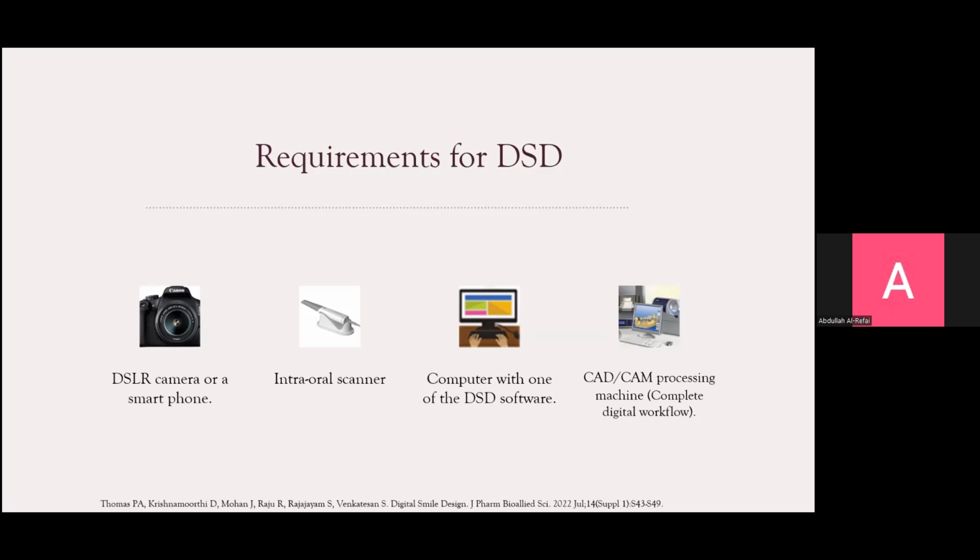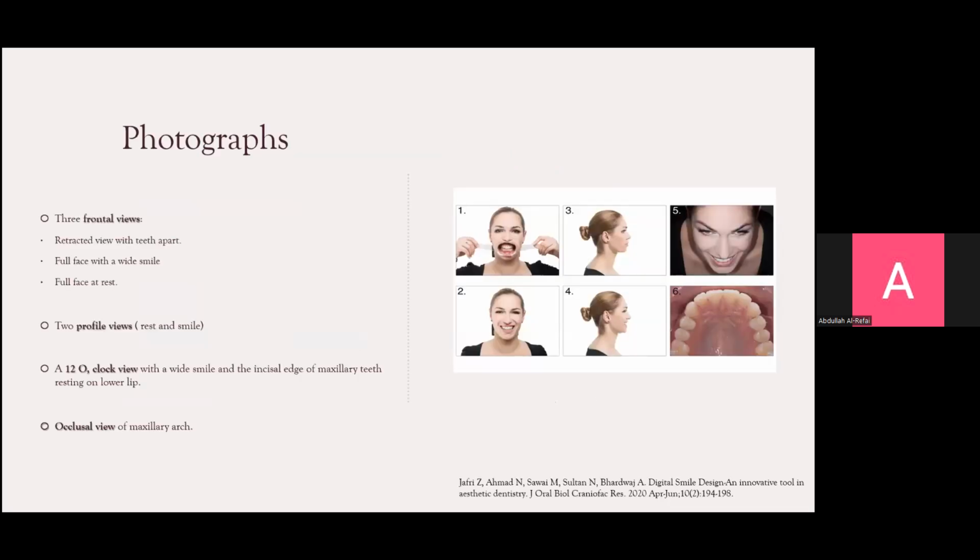Finally, we need a CAD/CAM processing machine to complete the digital workflow, either to produce the digital wax up, or a temporary restoration, or the permanent restoration that is designed according to the patient's facial and aesthetic parameters. First of all, we'll start talking about the photographs.